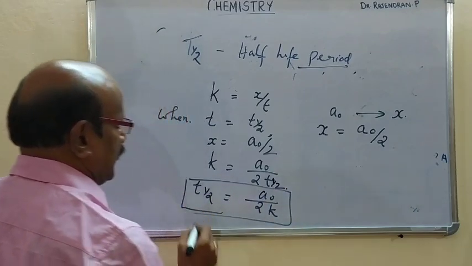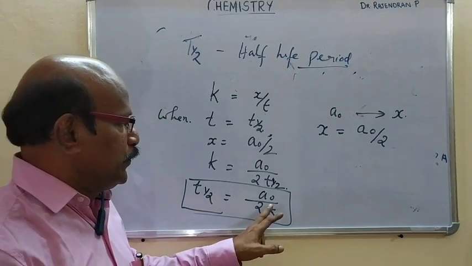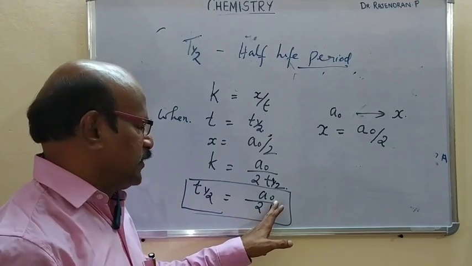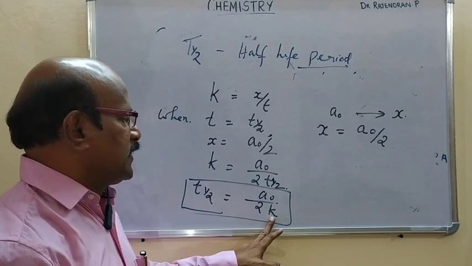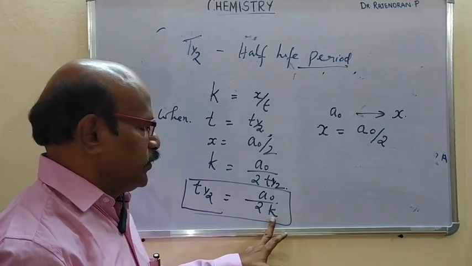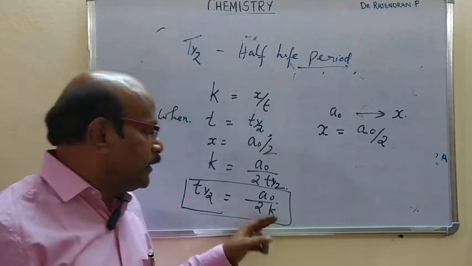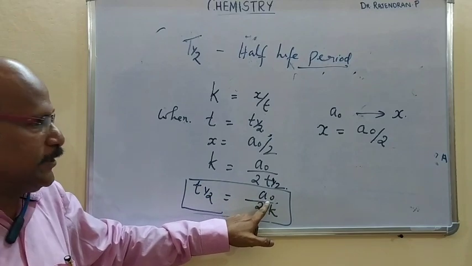So the half-life period of a zero order reaction, t half, is equal to A0 by 2k. That is a term that is directly proportional to the initial concentration and inversely proportional to the rate constant. It is an interesting thing that for a zero order reaction the rate is independent of the initial concentration, but the half-life period is directly proportional to A0.